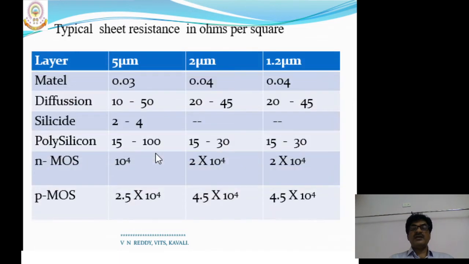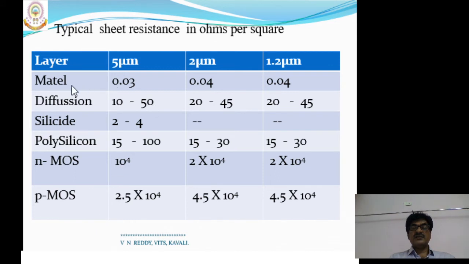Here is the slide representing a table that gives the sheet resistance values for the different conductive layers which are used in the MOS structures. The conductive layers like metal layer, diffusion layer, silicide, polysilicon, and also two transistors represented, NMOS transistor and PMOS transistor.